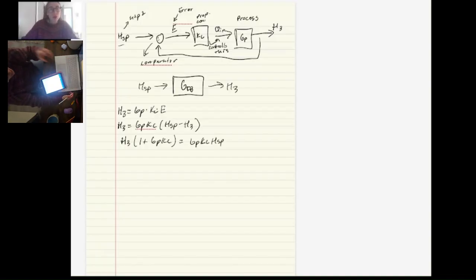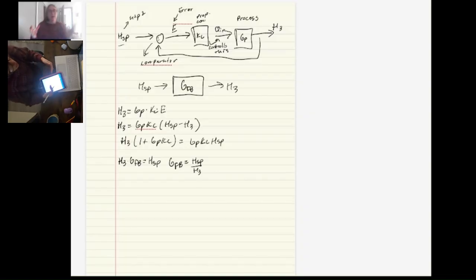So we also know that we have our process feedback controller, right? So we have H3 times our feedback controller is equal to our height set point. Now, we know that to solve for GFB, we get the height set point over H3.